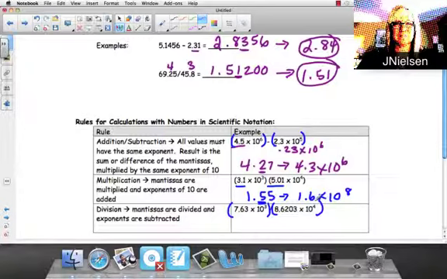So we know that mass is how much matter something has. How much matter. And we know that weight depends on gravity.